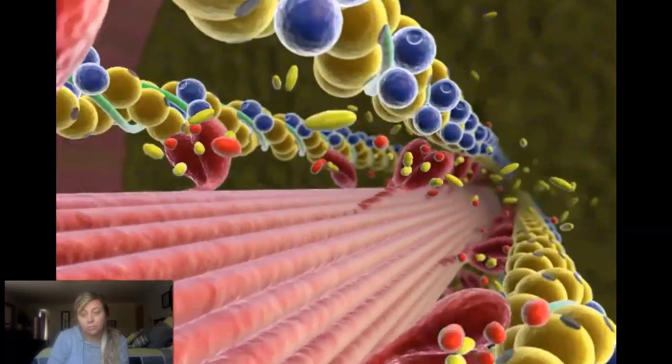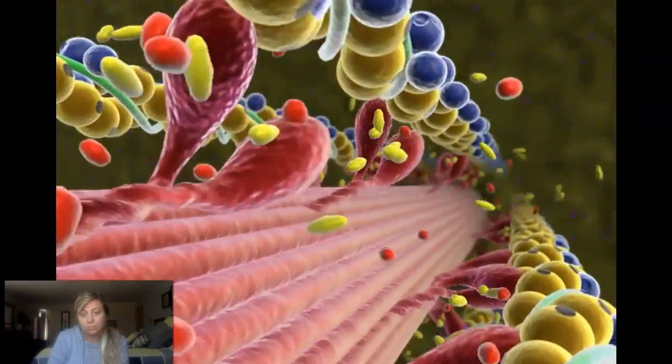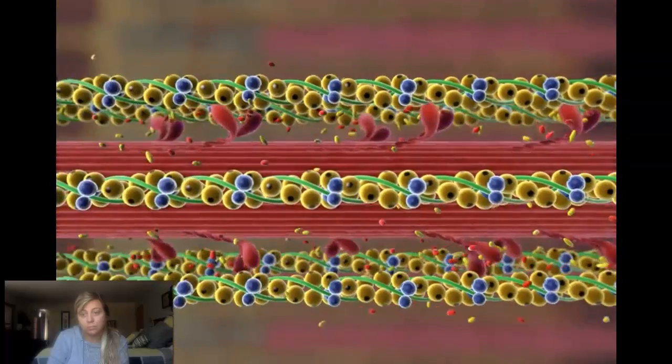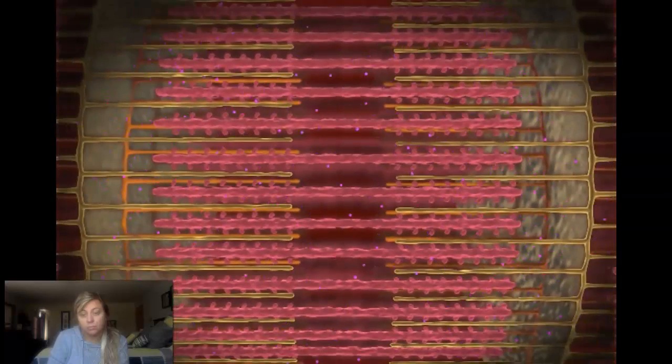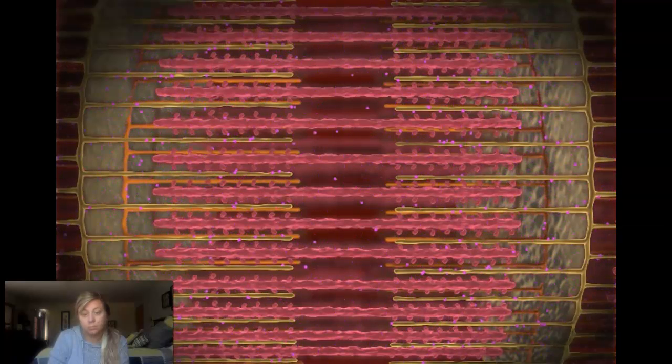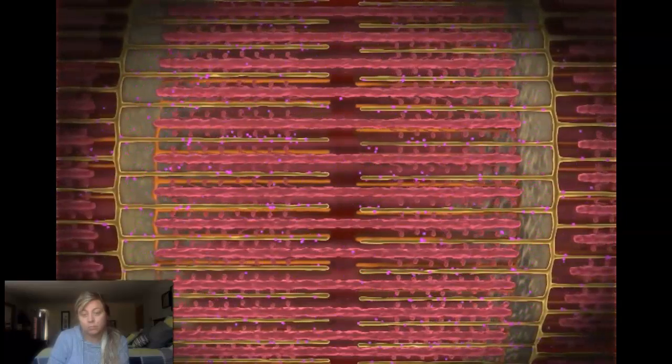As long as the binding sites on actin remain exposed, the cross-bridge cycle will repeat. And as the cycle repeats, the thin myofilaments are pulled toward each other, and the sarcomere shortens. This shortening causes the whole muscle to contract.